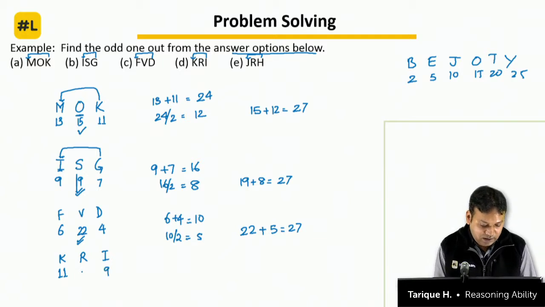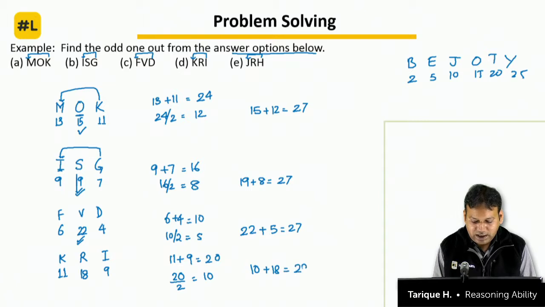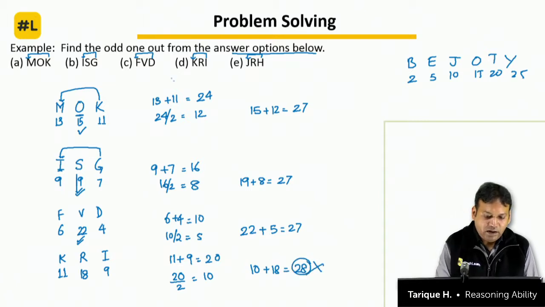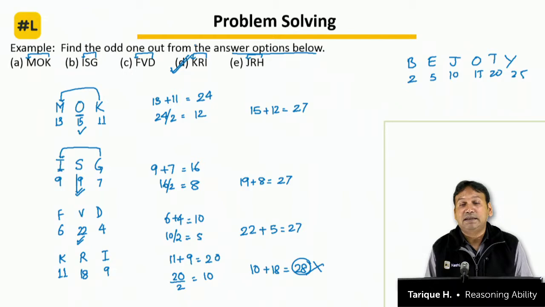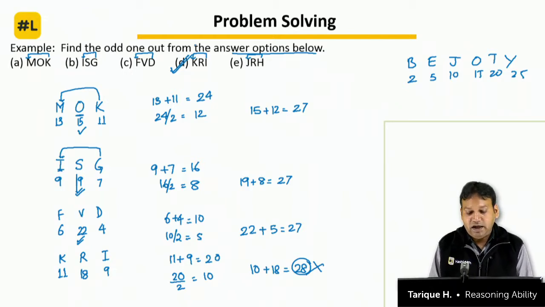Now R is the 18th letter. 11 plus 9 is 20, and 20 by 2 is 10, and 10 plus 18 becomes equal to 28, which is not 27. Therefore the odd one out is D itself, that is KRI.